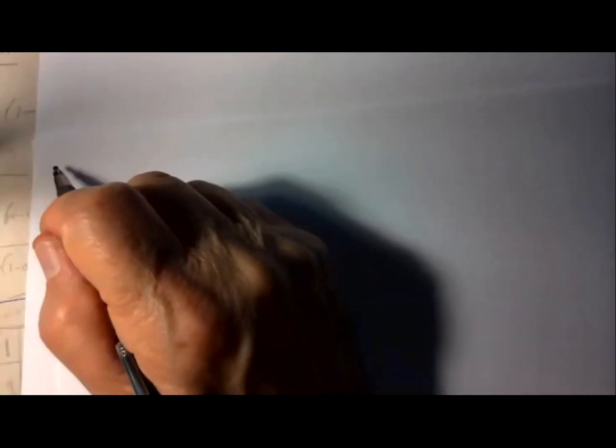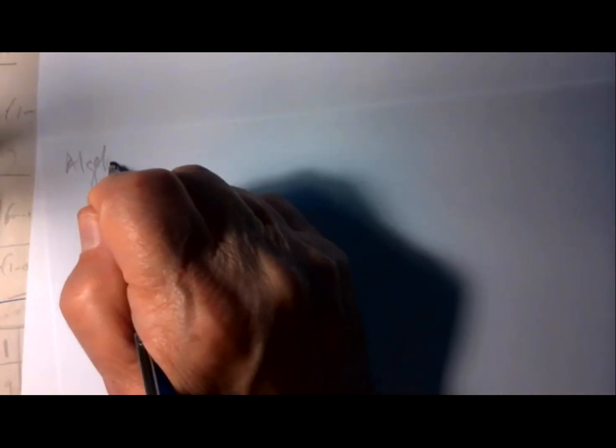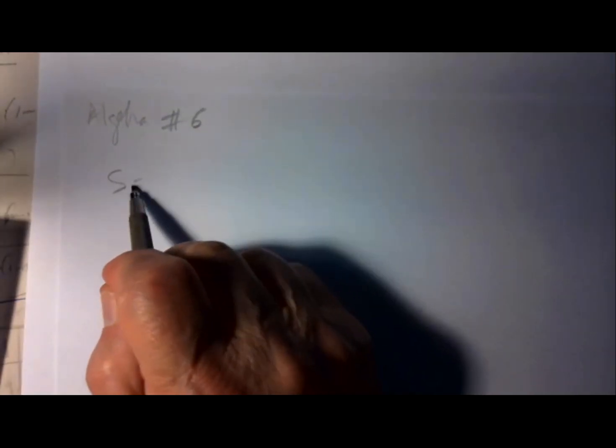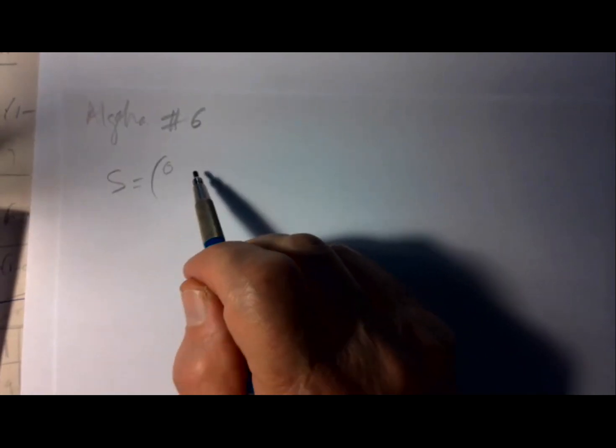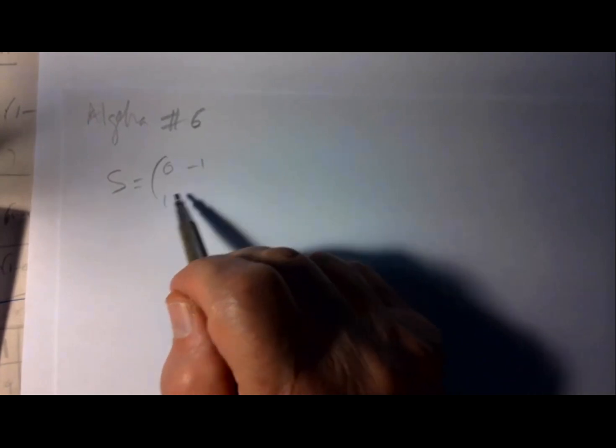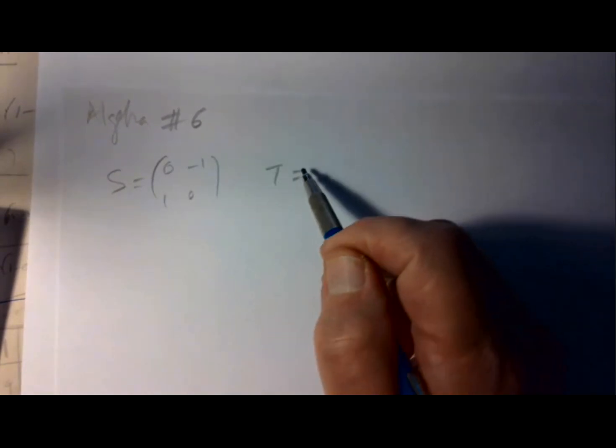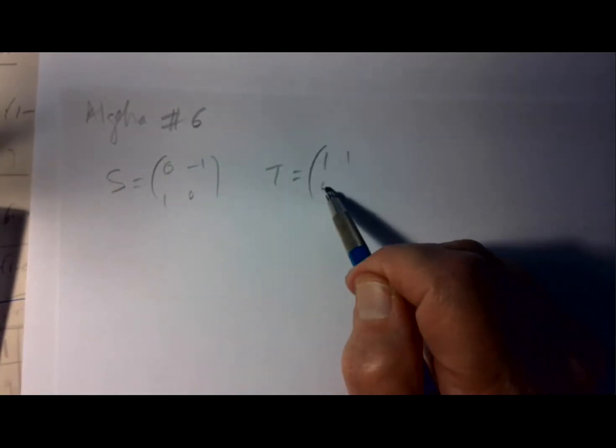So this is Algebra Problem 6. S is the matrix 0, -1, 1, 0, and T is the matrix 1, 1, 0, 1.